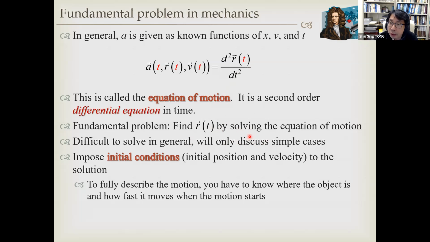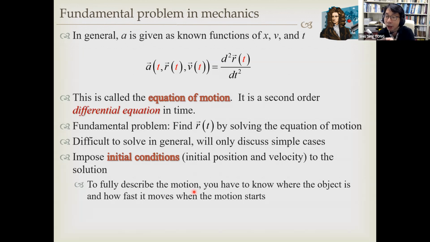Now, besides solving the differential equation, you also have to impose the initial conditions. That means you have to specify where the object is and its initial velocity in order for you to fully specify its later motion. Suppose you throw a pen at a certain position, and you want to predict its position a second later and its velocity a second later.